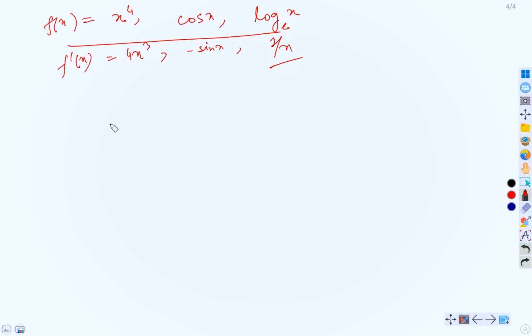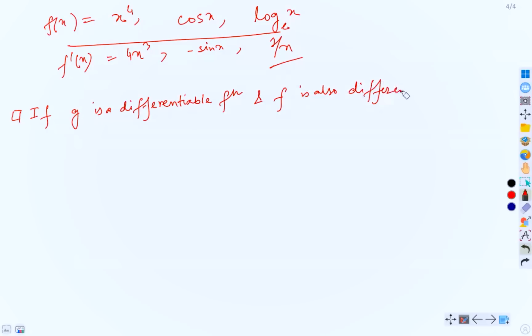So let's say if g is differentiable and f is also differentiable. I am assuming that both f and g are differentiable over whole R, that is the set of all real numbers, okay?